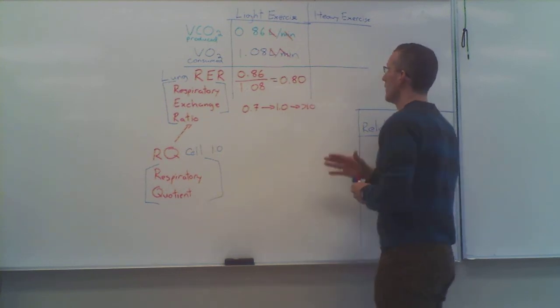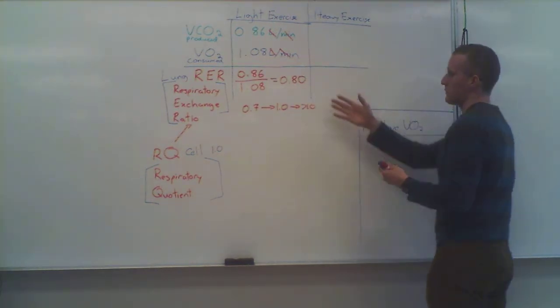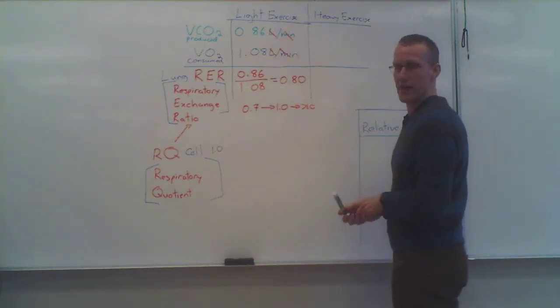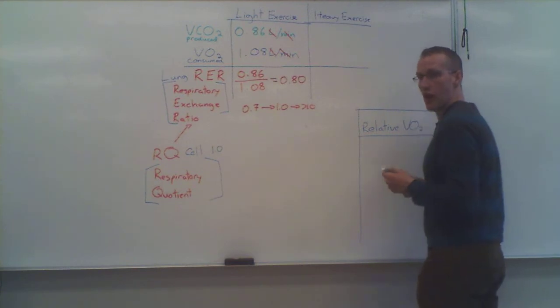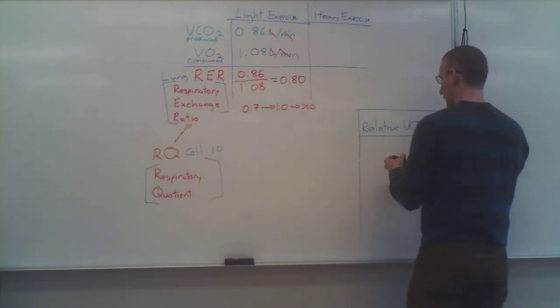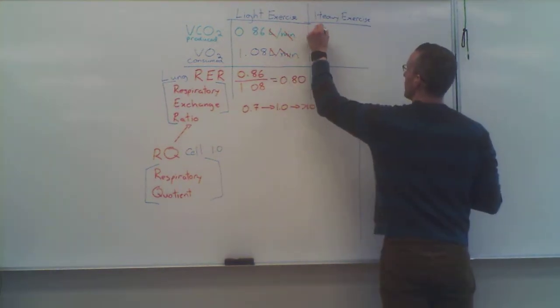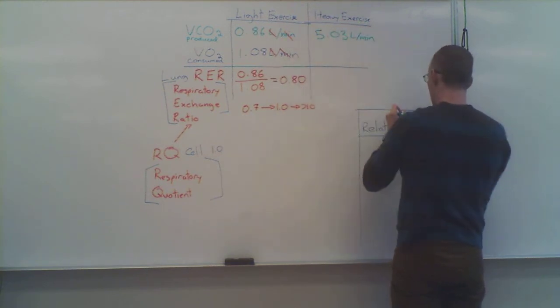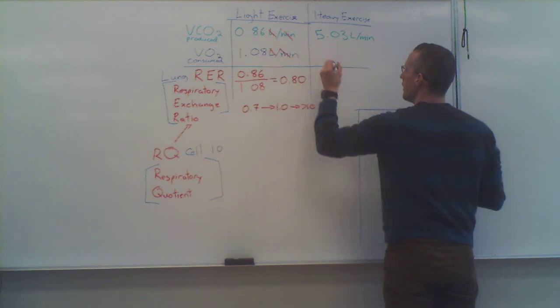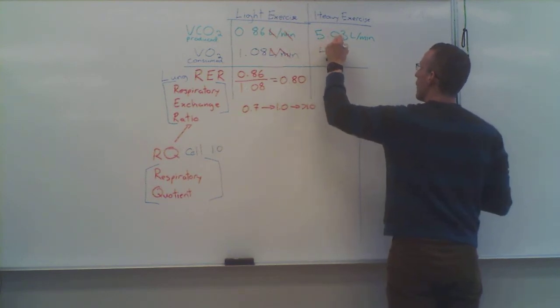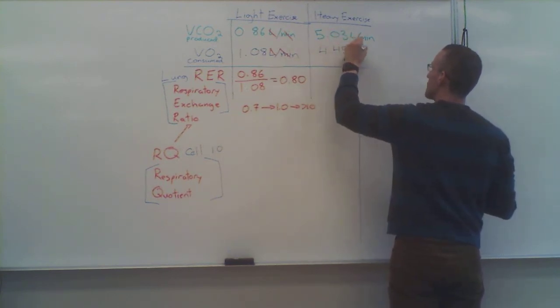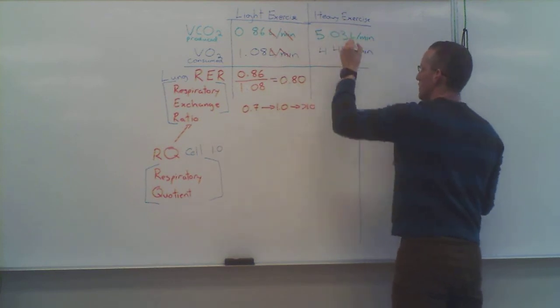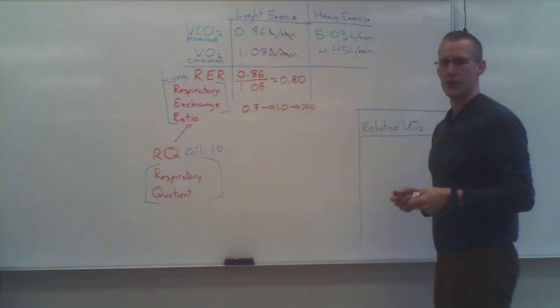So let's take a look during heavy exercise where these numbers are going to increase. So during heavy exercise, we're producing a lot more carbon dioxide. In this case, let's assume we're producing 5.03 liters per minute of carbon dioxide, and we are consuming 4.45 liters per minute of oxygen. So heavy exercise, this would be the end of a graded exercise test.